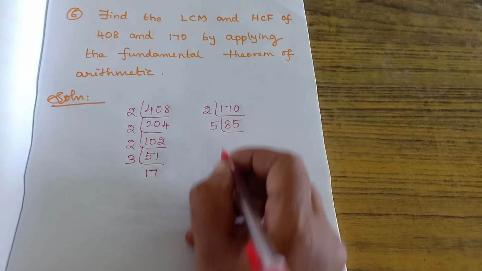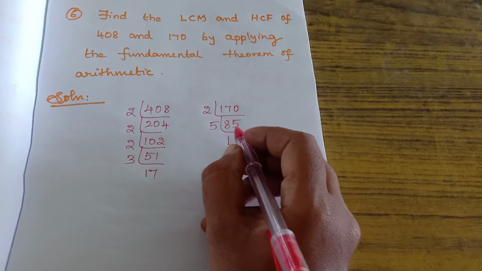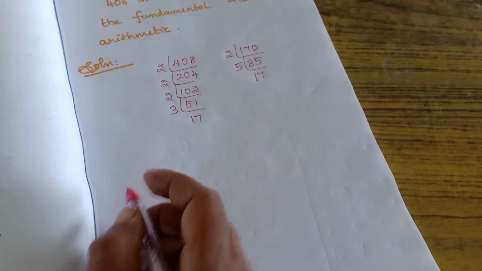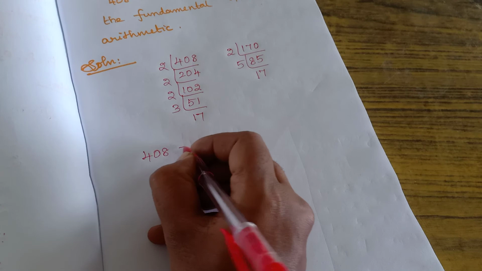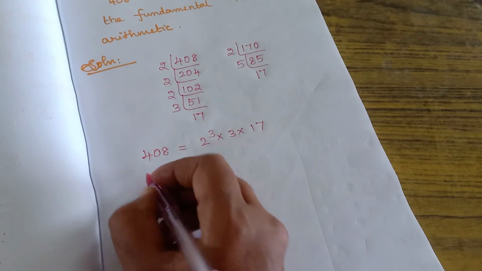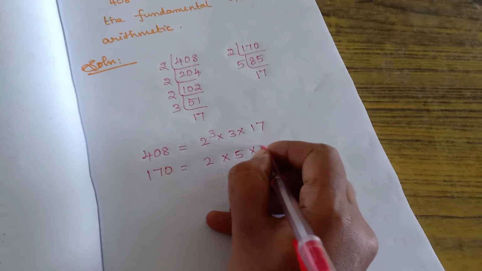Then we can use the fifth table, 5 ones are 5, balance 3, 17. Okay. So 408 can be written as 2 power 3 into 3 into 17. 170 can be written as 2 into 5 into 17.